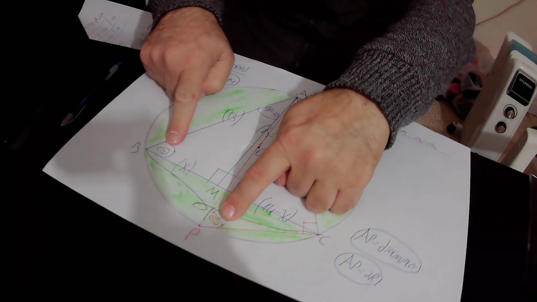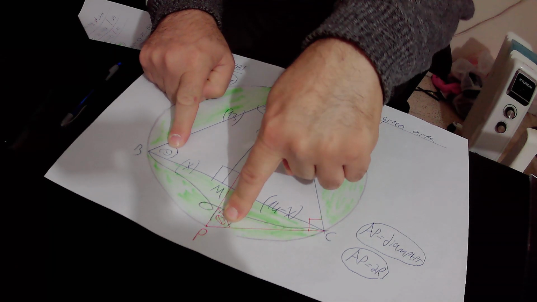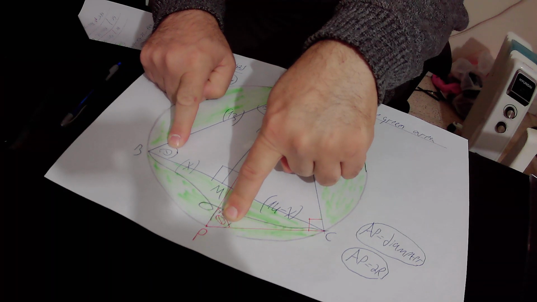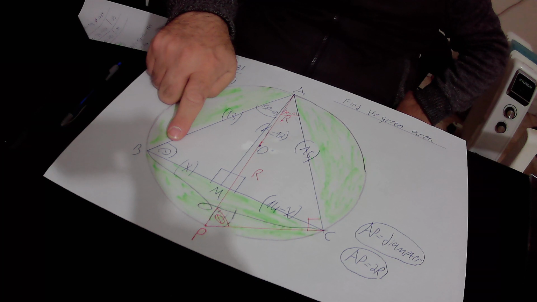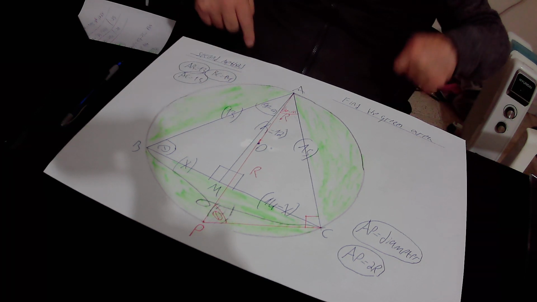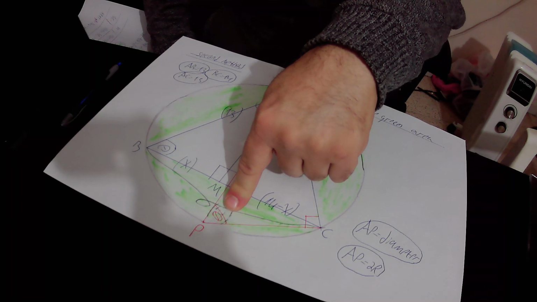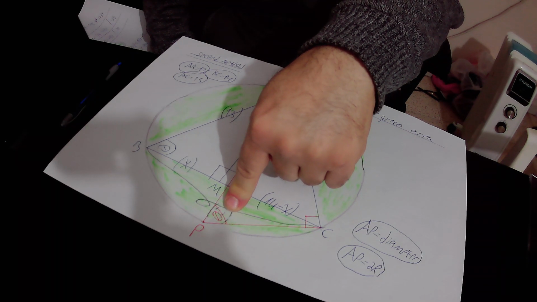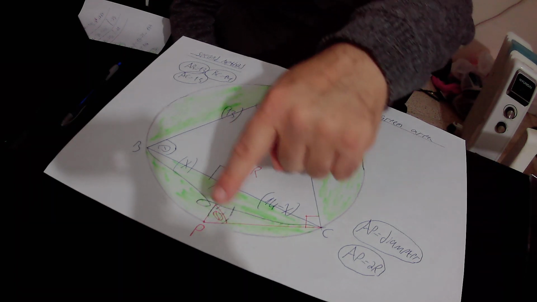So those two peripheral angles both rest on the same chord AC, therefore they must be equal to each other. That is to say, if this peripheral angle ABC equals theta, then the other peripheral angle that rests on the same chord AC, this peripheral angle APC, must also be equal to theta. Then we focus on the right triangle APC.